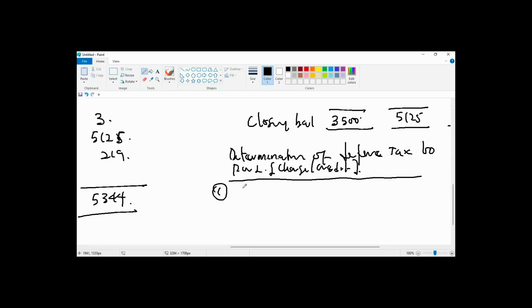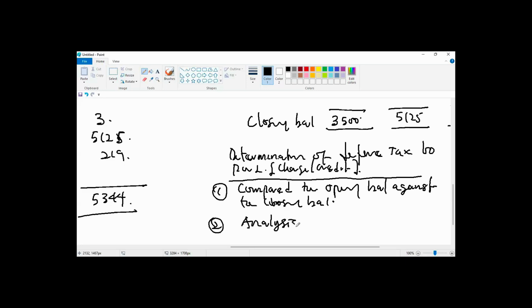One, we can compare the opening balance against the closing balance.